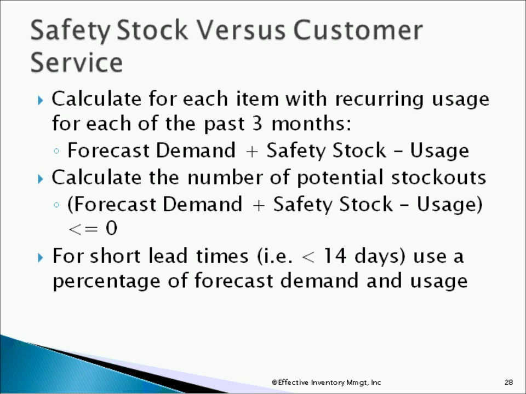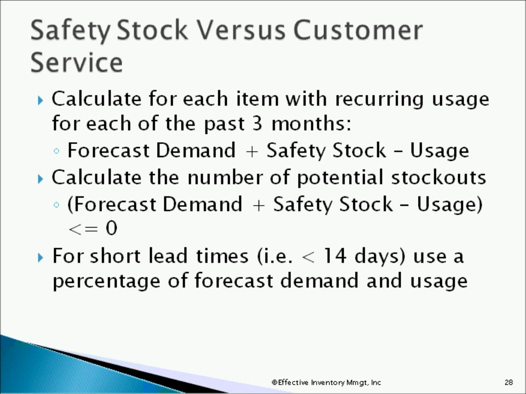I look at the safety stock. This is the quantity that I'm going to hold in reserve, just in case I sell more than that forecast or there's a delay in receiving a replenishment shipment. I'm going to take the combination of the forecast, that's what I predicted I would sell, and that safety stock, my reserve inventory, and compare that to actual usage, what I sold, what I used.